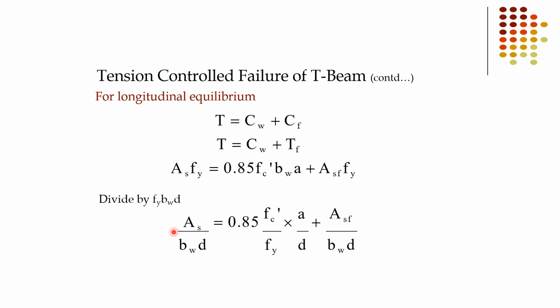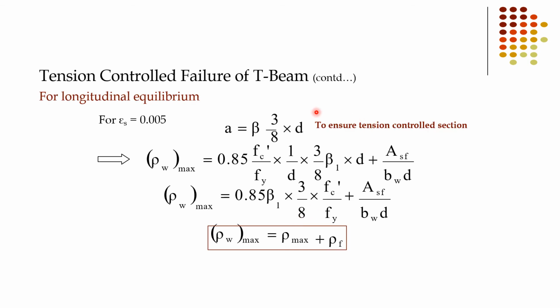After dividing, the ratio of steel area, that is rho w, to get the rho maximum, we just put in the value of a for tension control for the maximum steel ratio. So here in the place of a, I have put in the value 3 by 8 beta 1 d.